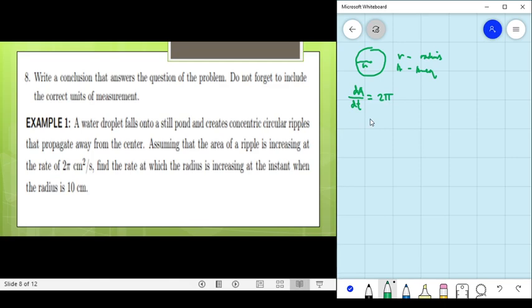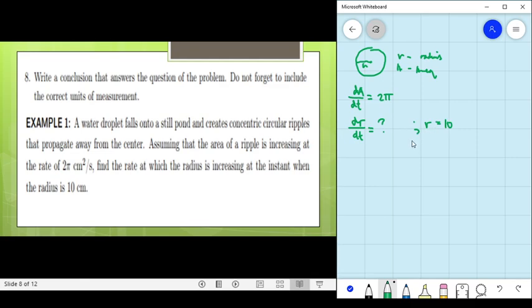We are asked for the radius: find the rate at which the radius is increasing. Therefore, it should be dr/dt, where r is 10. That is the question being asked.